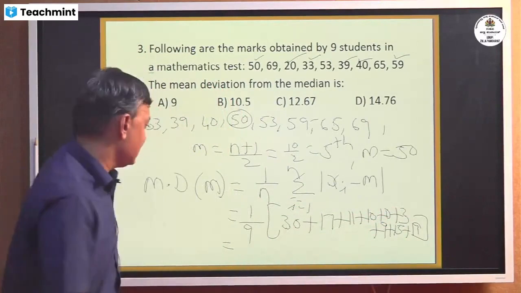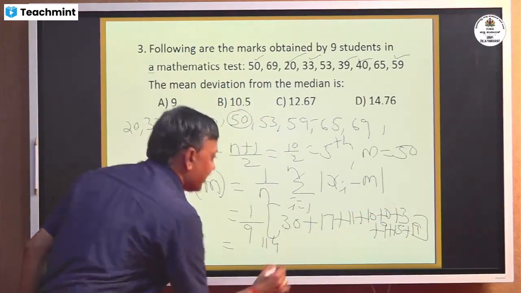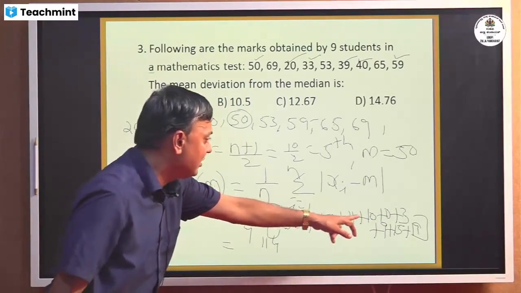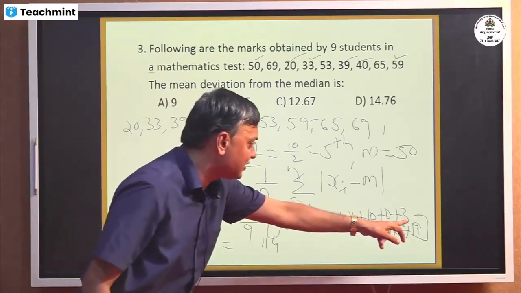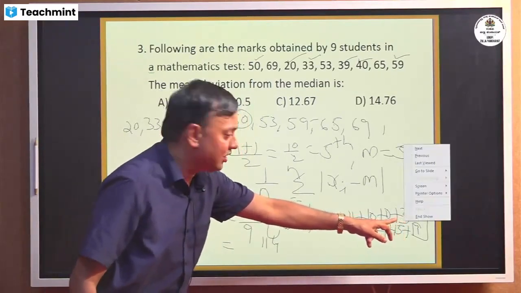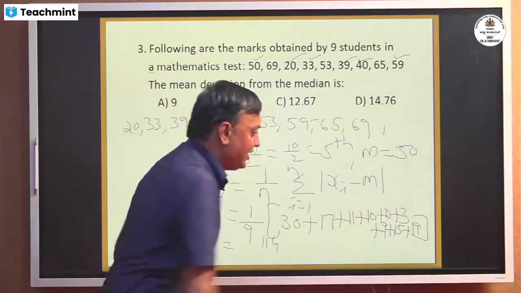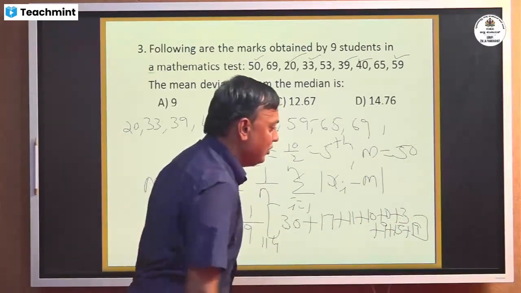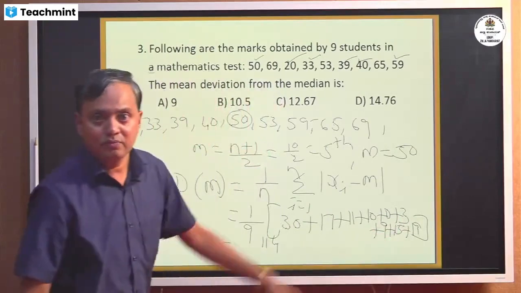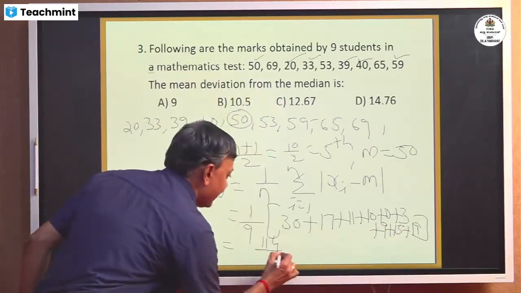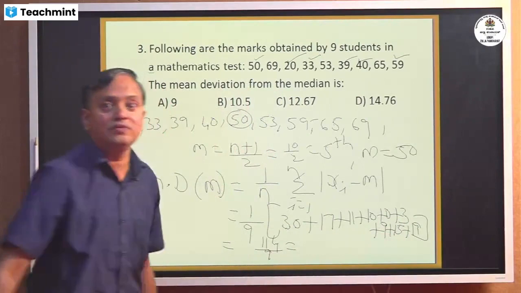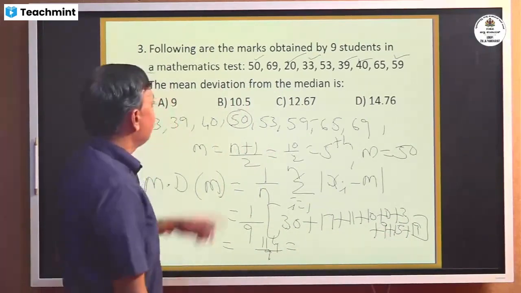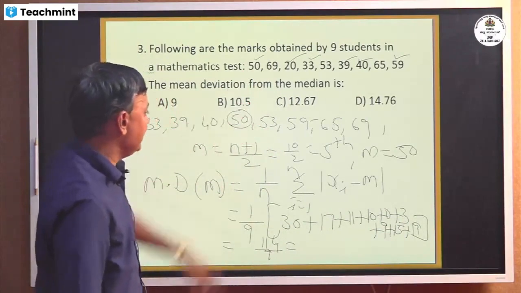So here it comes to 114. 30 plus 47 plus 58 plus 68, plus 3 is 71, plus 9 is 80, 80 plus 15 is 95, 95 plus 9 is 114, divided by 9. So 114 divided by 9, the answer is 12.67.